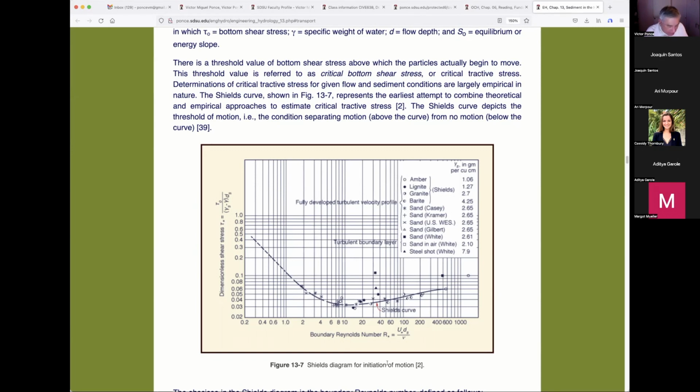Let me sidetrack in here. I have a creation of mine dated 1976, 77, that I call the S-curve, which is a plot of wave propagation, but it is a dimensionless plot, just like the Shields curve. And therefore, I had to figure out what to plot in the abscissa and what to plot in the ordinates.